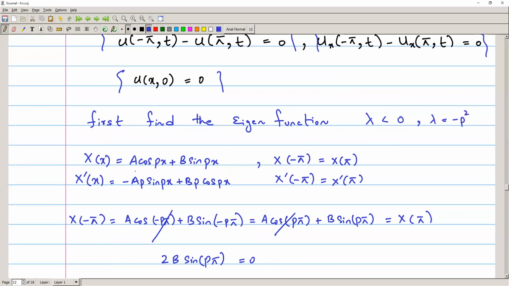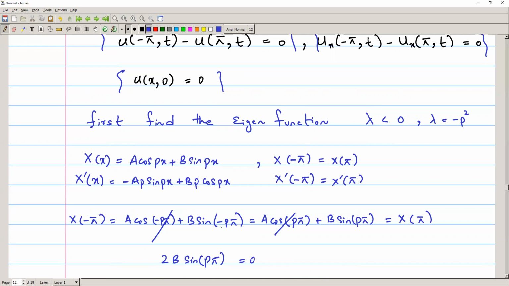Therefore, X(x) will be a cos px + b sin px, and the derivative of this function is -ap sin px + bp cos px. We are going to apply the boundary conditions. The first condition says X(-π) = X(π). Here, a cos(-pπ) is cancelled by a cos(pπ) because they have the same sign.